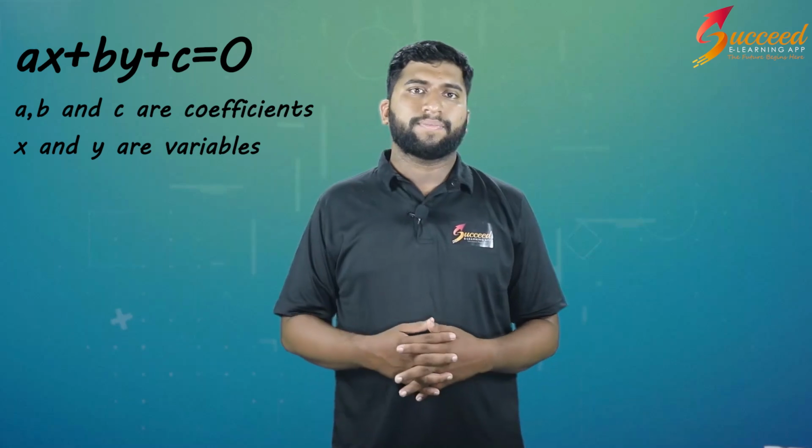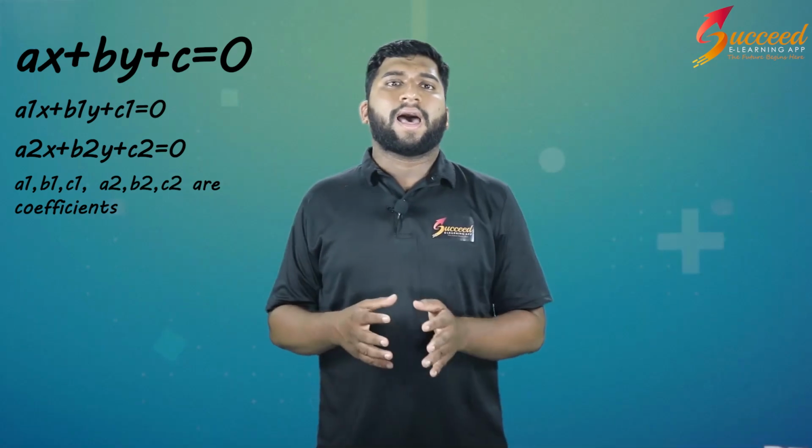So when we consider a set of equations, our general equation will be like this: a1x plus b1y plus c1 is equal to 0, a2x plus b2y plus c2 is equal to 0. So here a1, b1, c1, a2, b2, c2 are nothing but the coefficients.